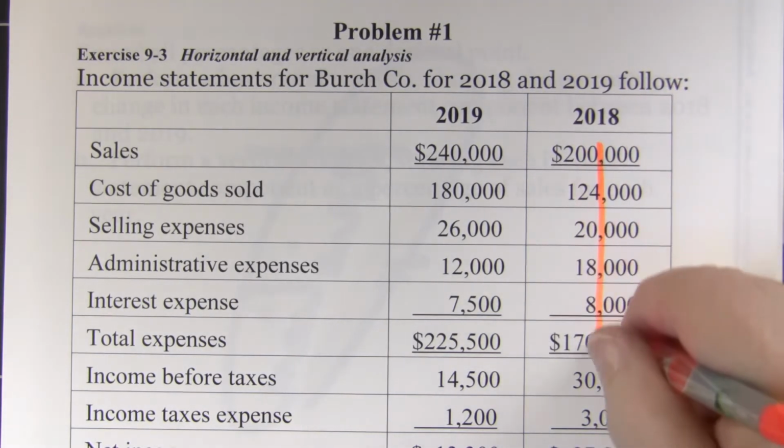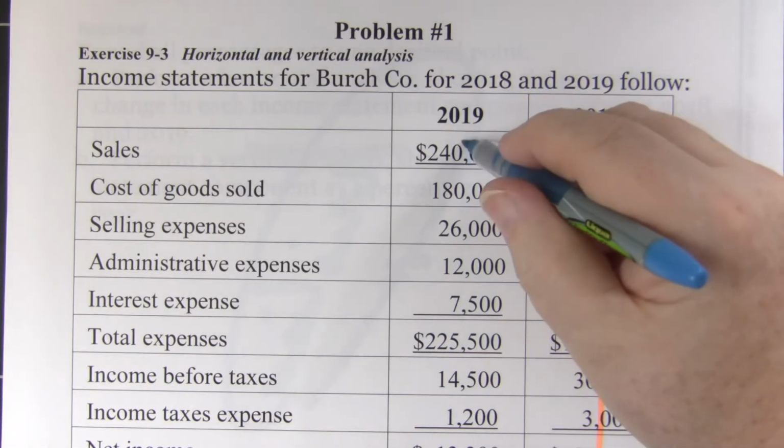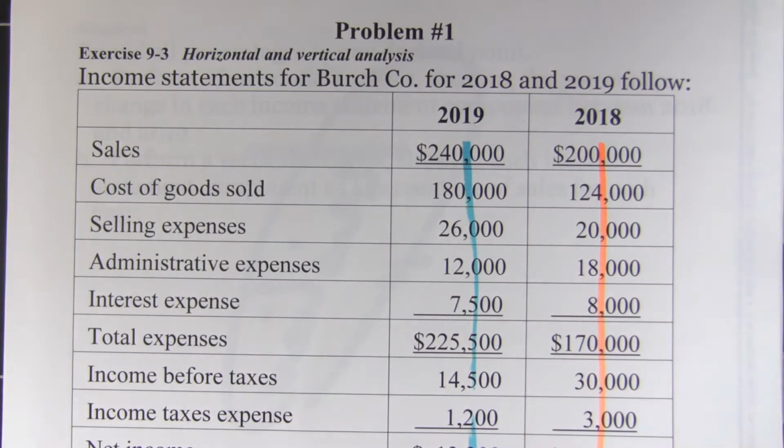So we're looking at all of these numbers and we're comparing them to all of these numbers. And we're saying what was the percentage of change from last year to this year.